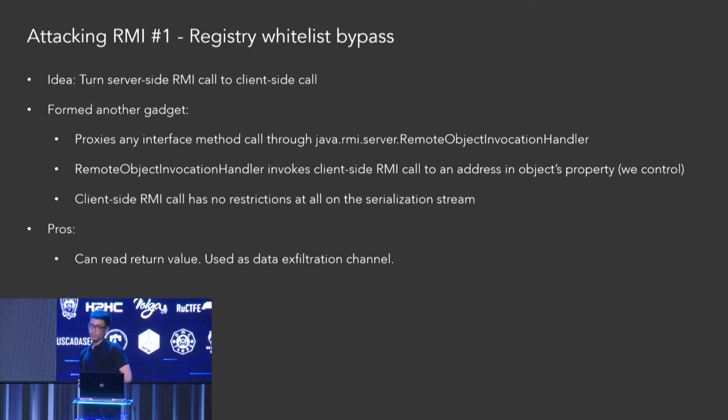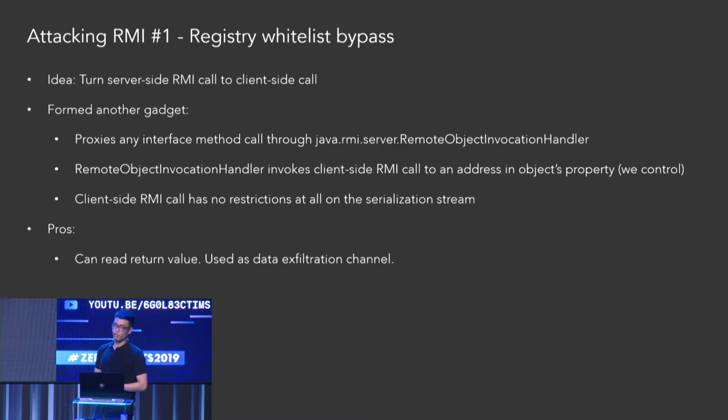This is the first attack vector that we came up with. The idea is to turn a server-side RMI call into a client-side call. So how do we do that? RMI actually has an interesting feature: a proxy interface.